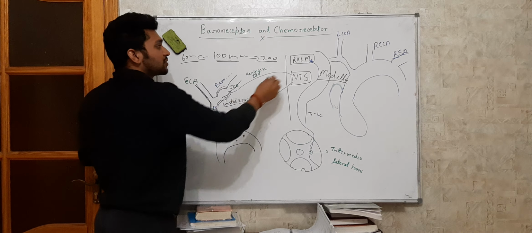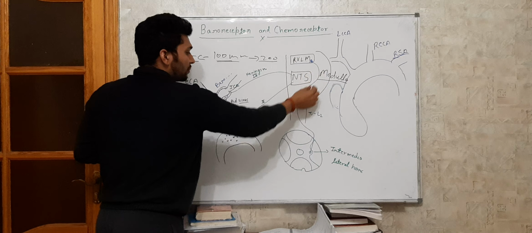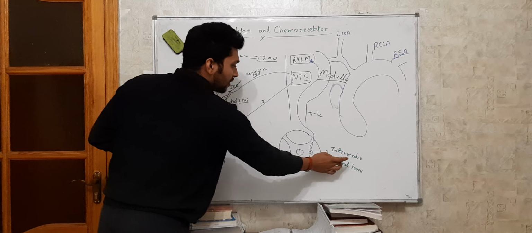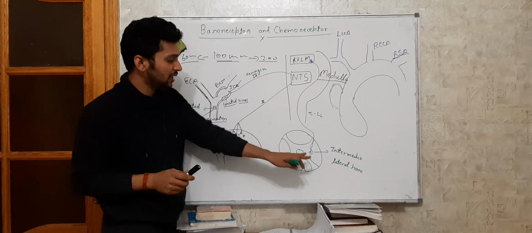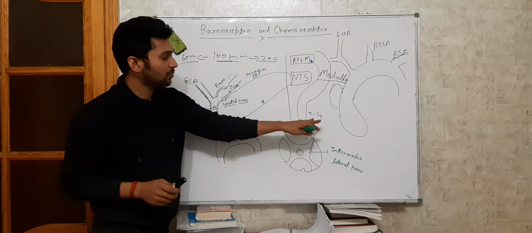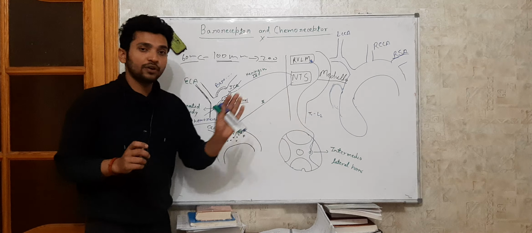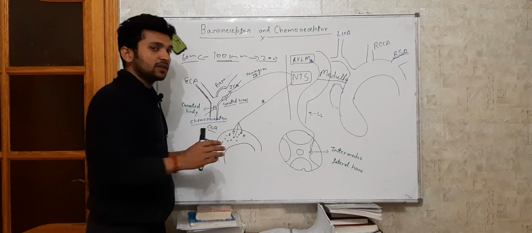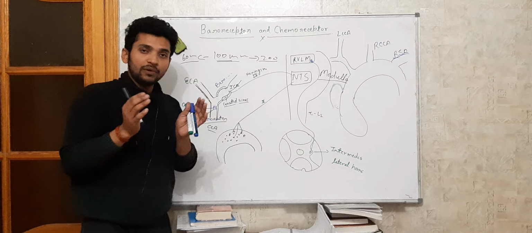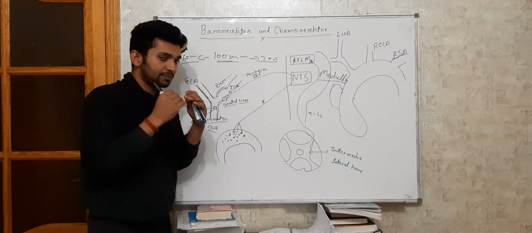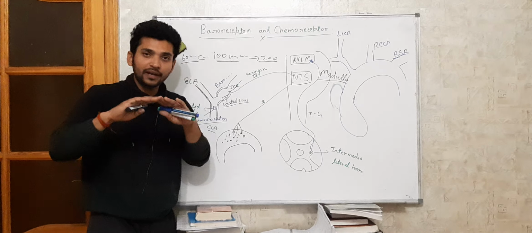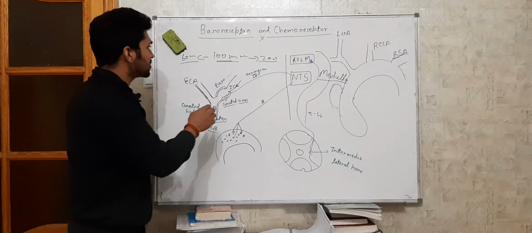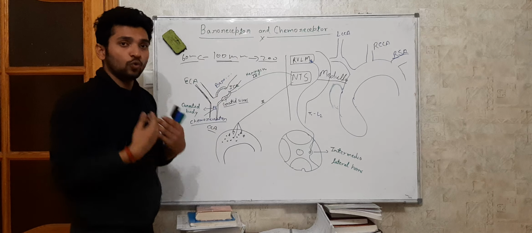This vasomotor center will send information to the spinal cord, to the intermediolateral horns, from the first thoracic vertebra to lumbar 2. After that, from the spinal cord, the blood pressure of the whole body will be regulated and it will come to the normal stage. So this is how the baroreceptor works.